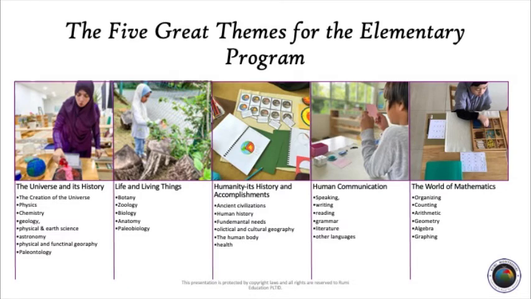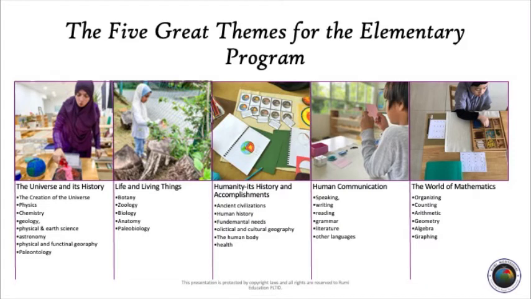We then go on to the great theme of life and living things, and we tell the story of how living creatures came to the earth. This integrates to botany, zoology, biology, and anatomy. Next, we tell the story of humans. This is linked to the great theme of humanity, its history, and its accomplishments.